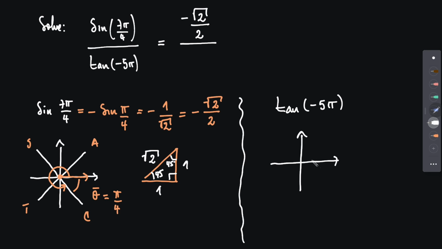Okay, so negative 5 pi, we go, let me write this with a different color. So we go counterclockwise because it's negative. So we have 1, 2, 3 pi's, 4 pi's, 5 pi's right here. So I finish here. Remember that when we end on a quadrant, what we do is that we use the unit circle method.